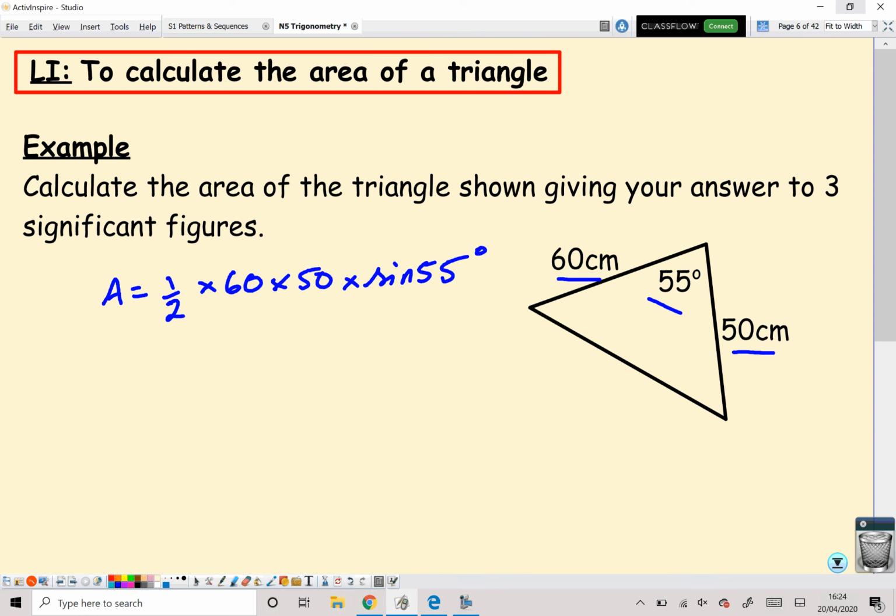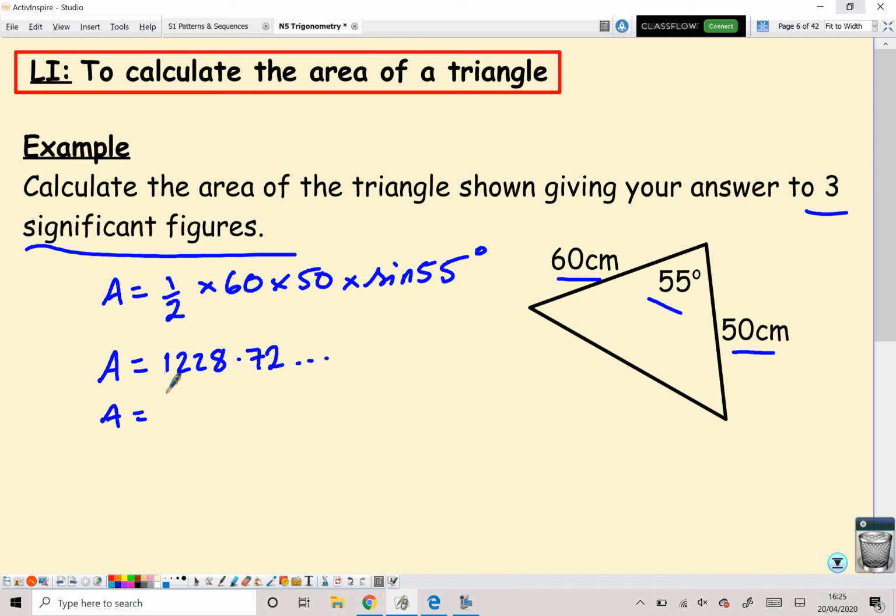So what does that give us? That gives us 1228.72 dot dot dot. And then I'm going to give this now to three significant figures. How do we do that again? A little bit of a recap on significant figures. Identify the third significant figure.